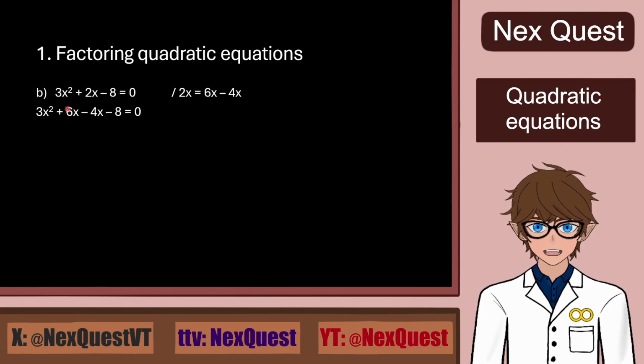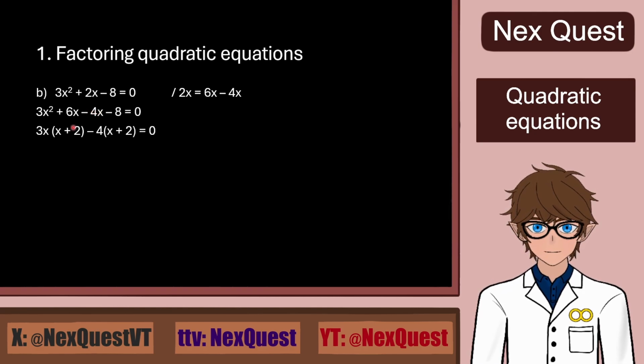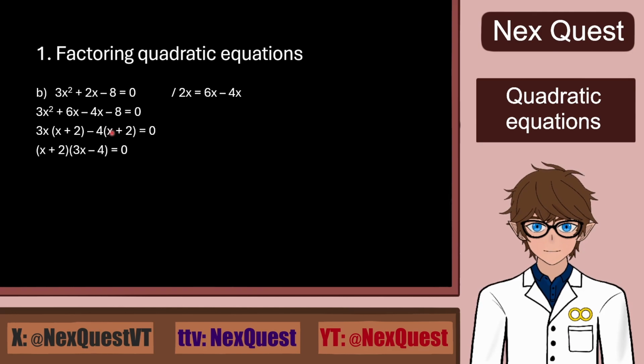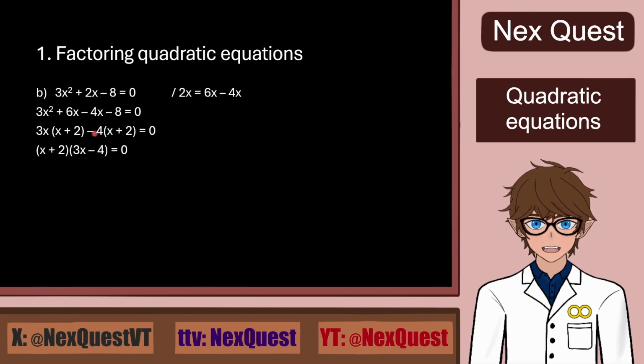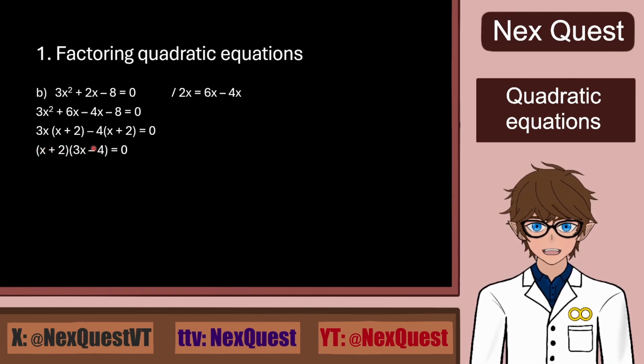If we paste this in here, we see that if we take 3x from the first two terms and minus 4 from the second two, we would get x plus 2 on both. Now we just combine like terms, and we get x plus 2 times 3x minus 4, which gives us the solution x1 is minus 2, and x2 is 4/3.